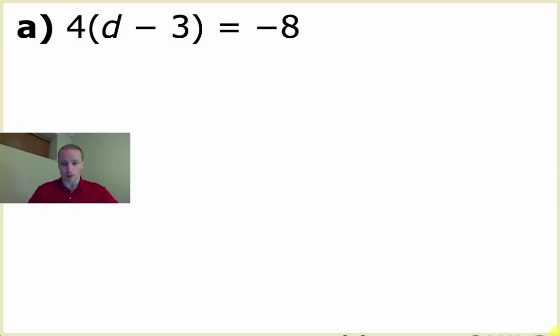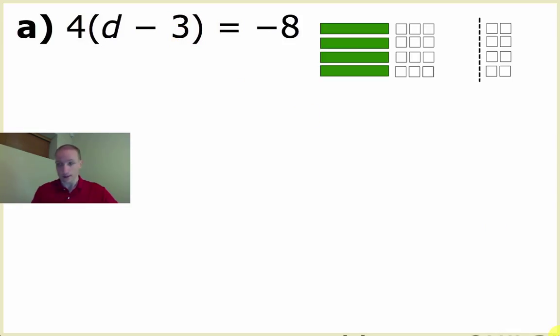So when you go to model that with the algebra tiles, it looks like this. We have 4 groups of the entire d minus 3. So here's the d minus 3, and you notice that we have 1, 2, 3, 4 groups of those. On the other side of the equals, we have negative 8.